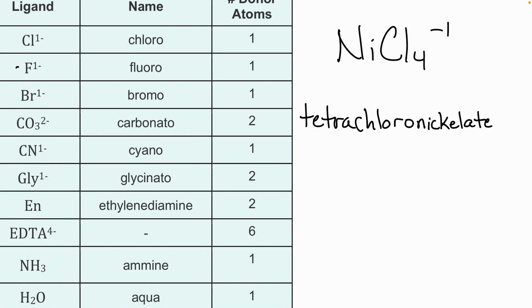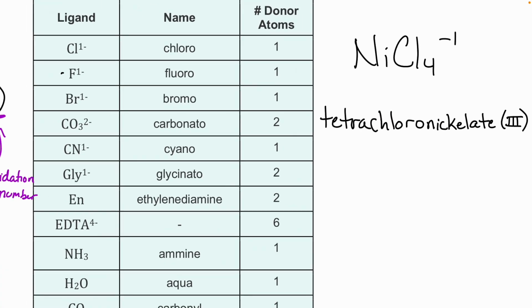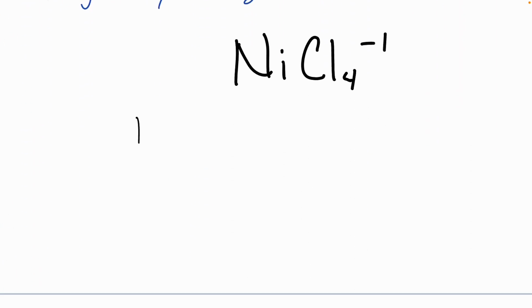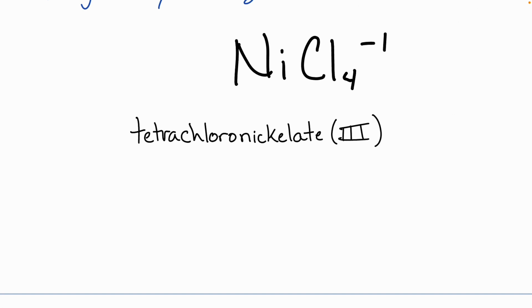And then I'm still going to put that oxidation number, which in this case is 3. All right, so again, if we're going to pick this apart, tetrachloronickelate 3.